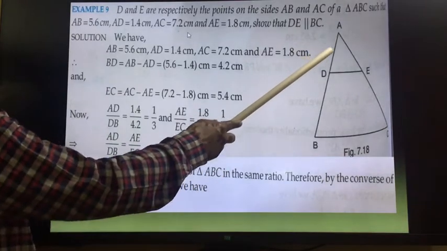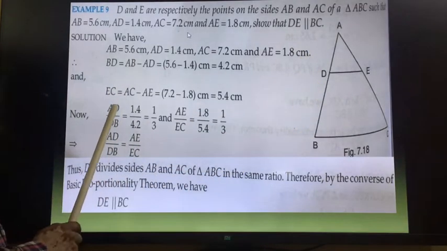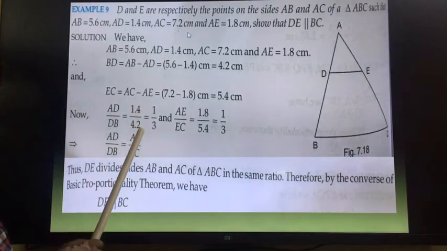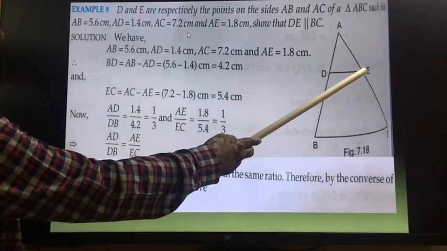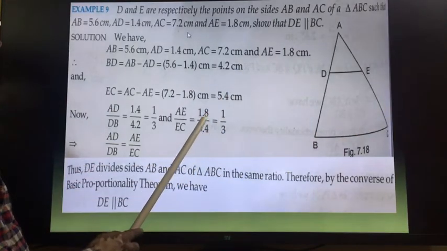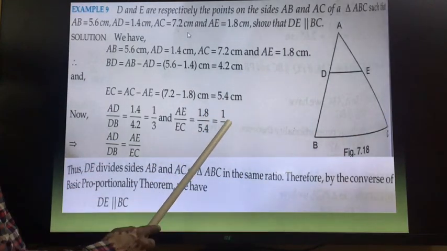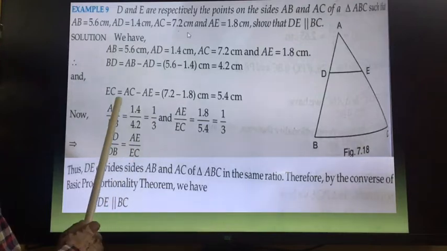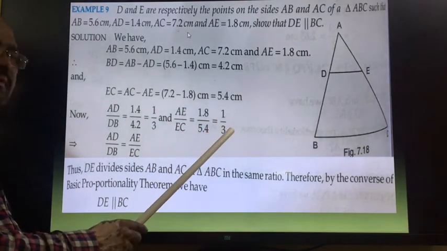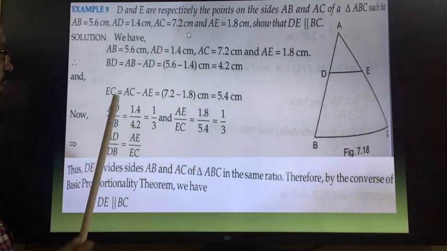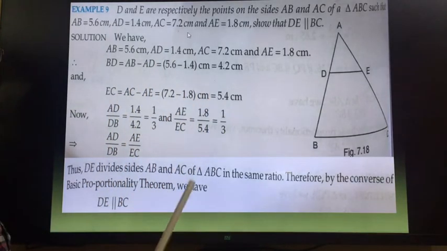After this, we will find AD upon DB. So we are getting AD upon DB as 1.4 upon 4.2, which is 1 by 3. And we will find AE upon EC, it is coming 1.8 upon 5.4, which is also 1 by 3. So AD upon DB is equal to 1 by 3 and AE upon EC is equal to 1 by 3. So both these ratios are equal to 1 by 3. So we can say both the ratios are equal.